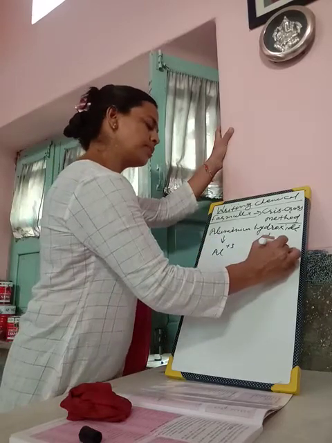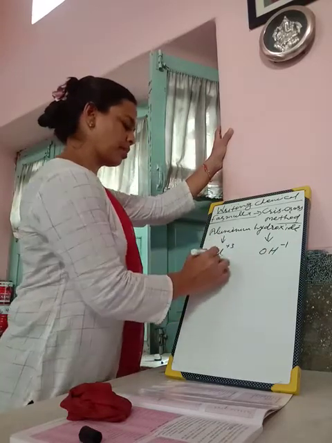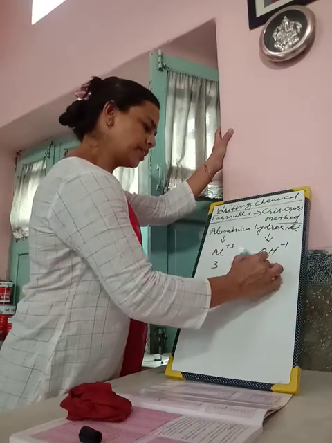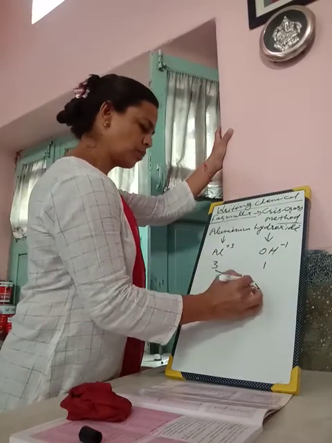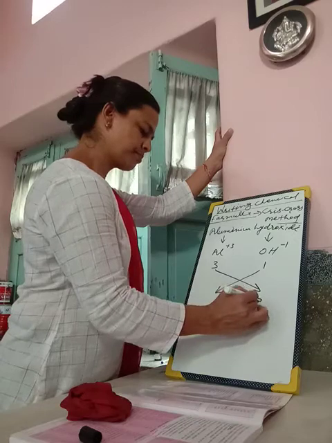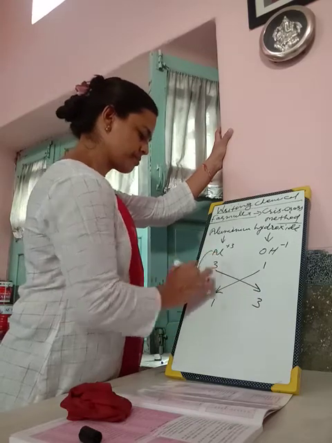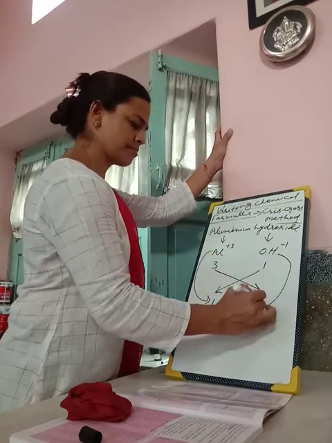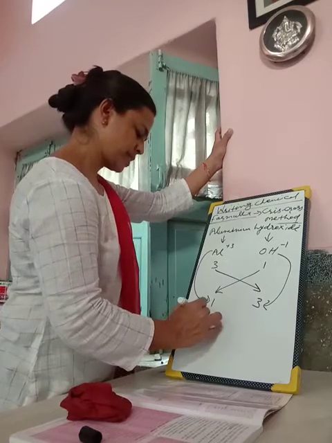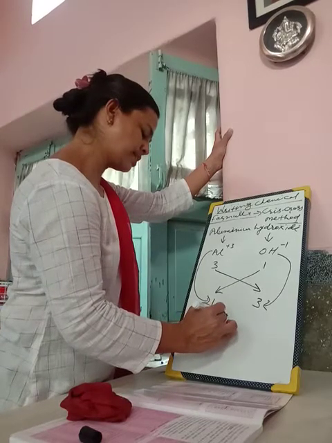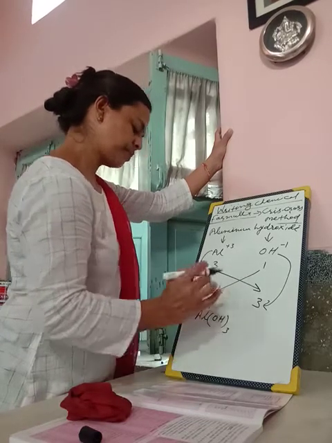Put their valency. Write their valency at the bottom. Cross them. Al(OH) whole thrice.